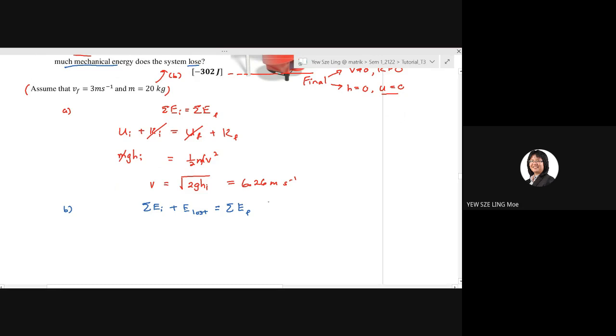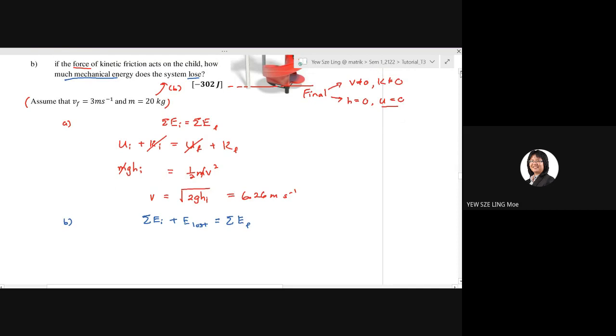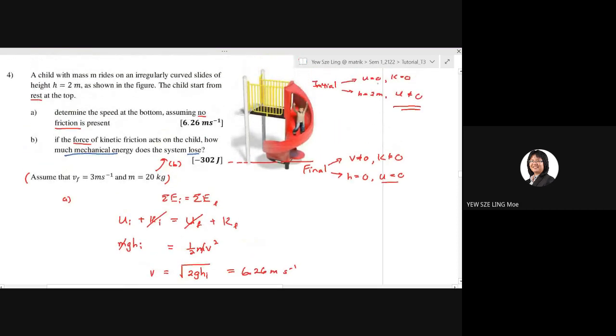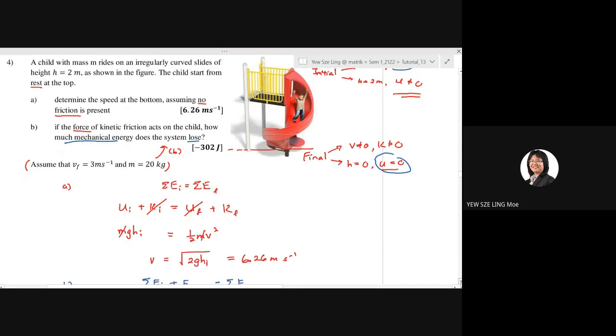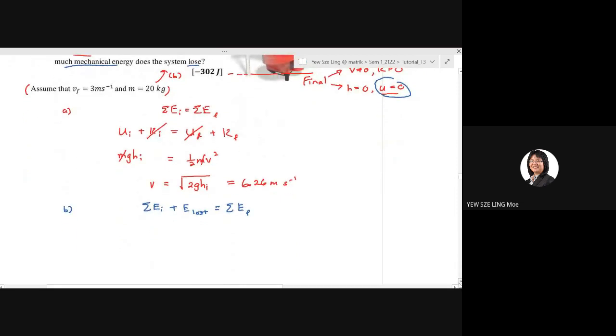Again, if you look at the situation given just now, initially our K is 0, and when it reaches the bottom, U is 0. These two remain the same. The only difference between case 1 and case 2 is that now there's an energy loss in the second case.